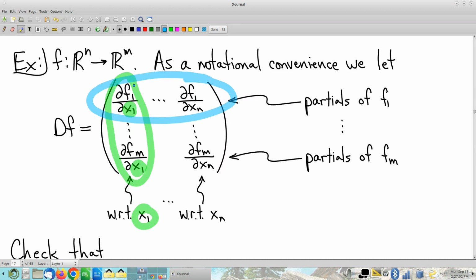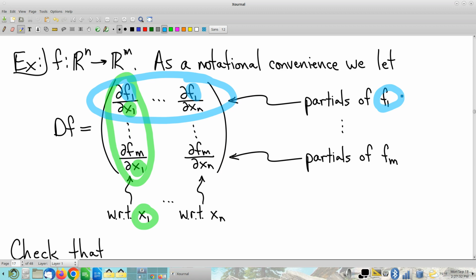These are partials with respect to a bunch of different input variables, but it's always the partial of the same output variable. So rows have a common output variable you're taking the partials of. Columns have a common input variable you're taking partials with respect to.